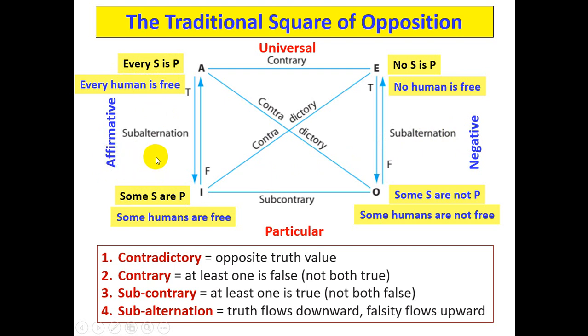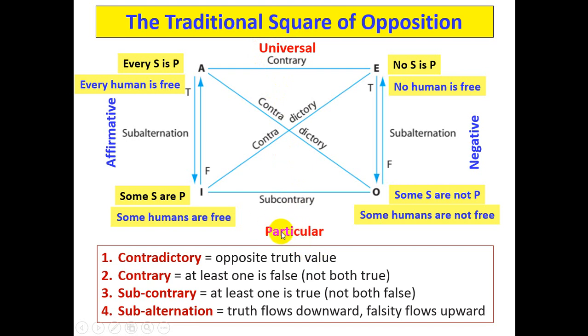Then what else? Here we say every S or all S are P, and we say no S is P, and these are universal terms. So on the top side we have the universal type. The particular is at the bottom.